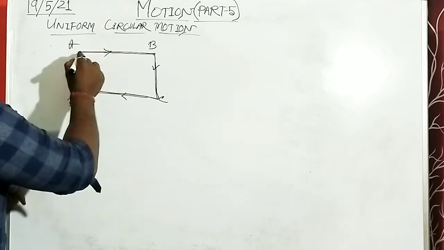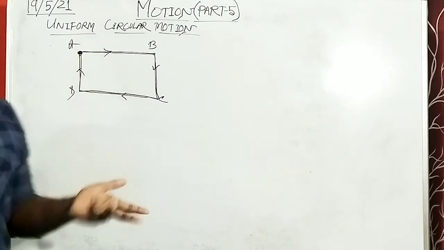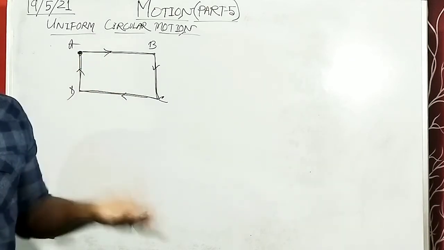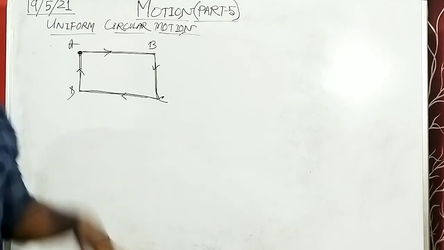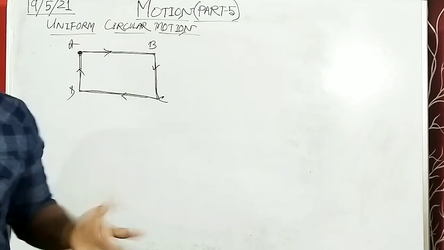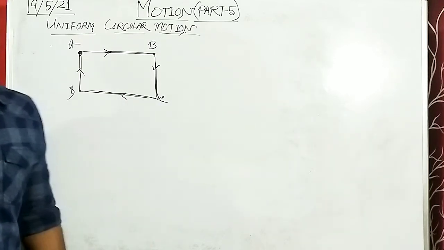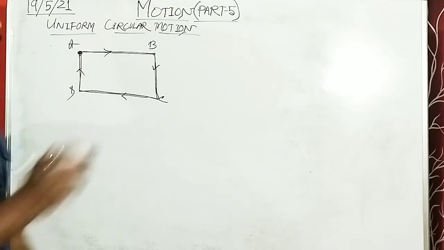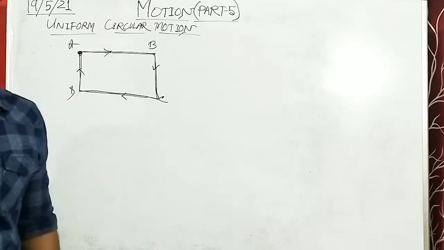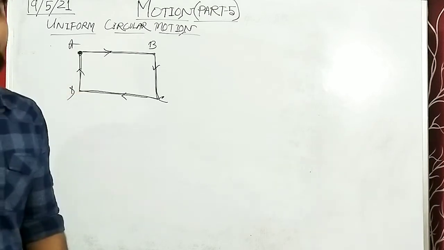If it starts from here and again ends here, the displacement will be 0, because the initial point and the final point are the same. But we got some distance, and from that you can calculate the speed. And always remember, whenever we calculate speed, if there is no direction we mainly consider the magnitude. That's why the distance is not 0 here, because we need the magnitude.